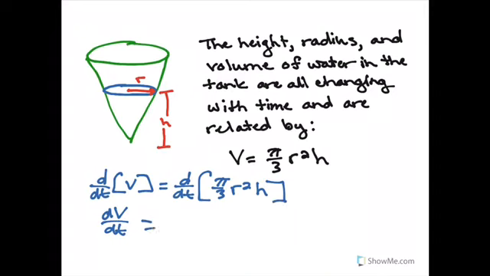On the right-hand side, this is going to be a product rule because r is changing with respect to time, and so is h. And pi over 3 is just a constant that's going to stay out front.